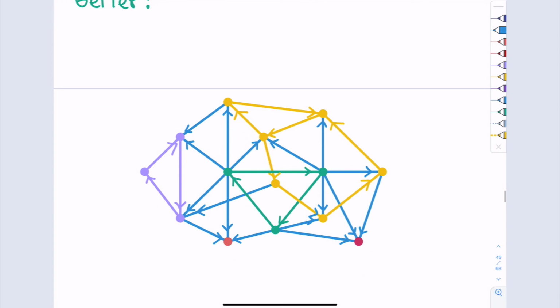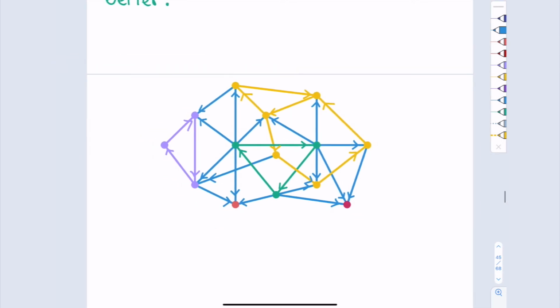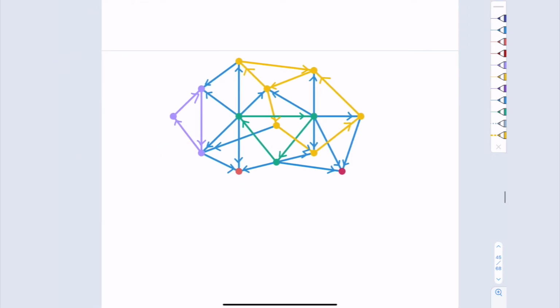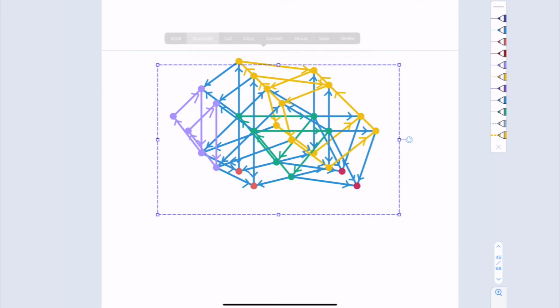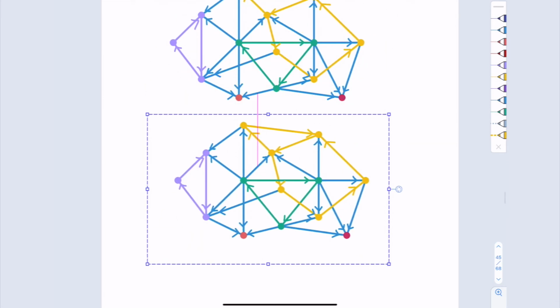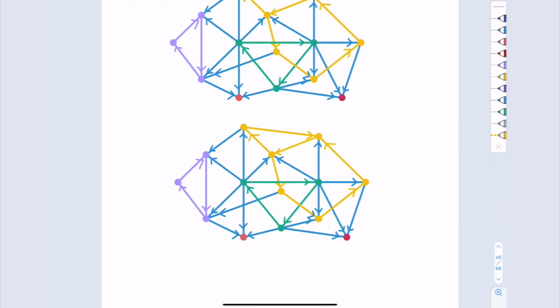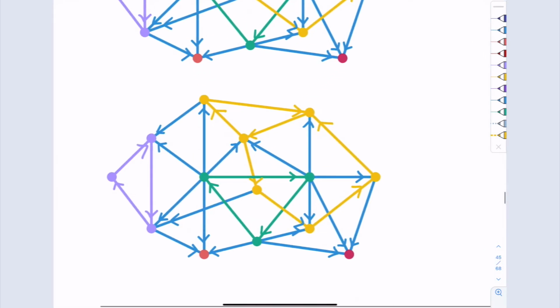All right, so look at the strongly connected components of this graph, highlighted by color. Now, suppose I imagine taking each of the connected components and shrinking it to a vertex, like a sort of mega vertex. So let me give an example.